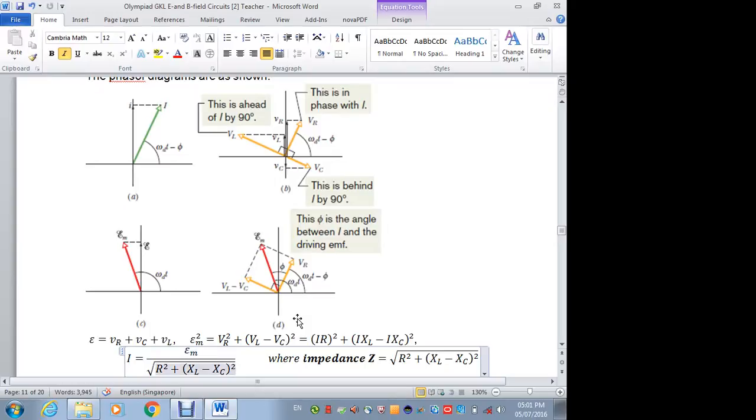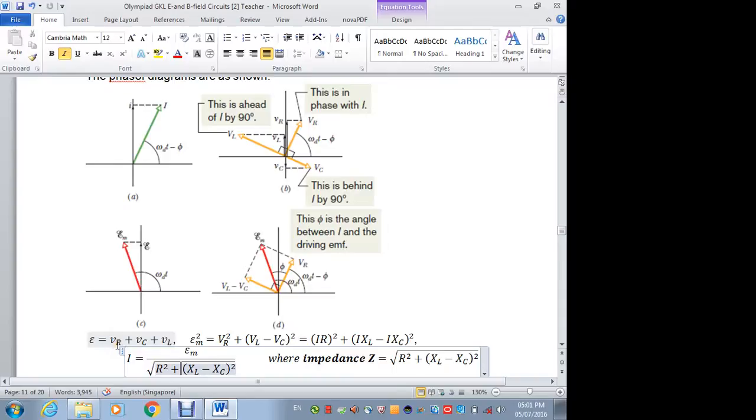Now, if you have E across, you get E is equal to VR plus VC plus VL. But this is not algebraic addition, because there's a function to it.